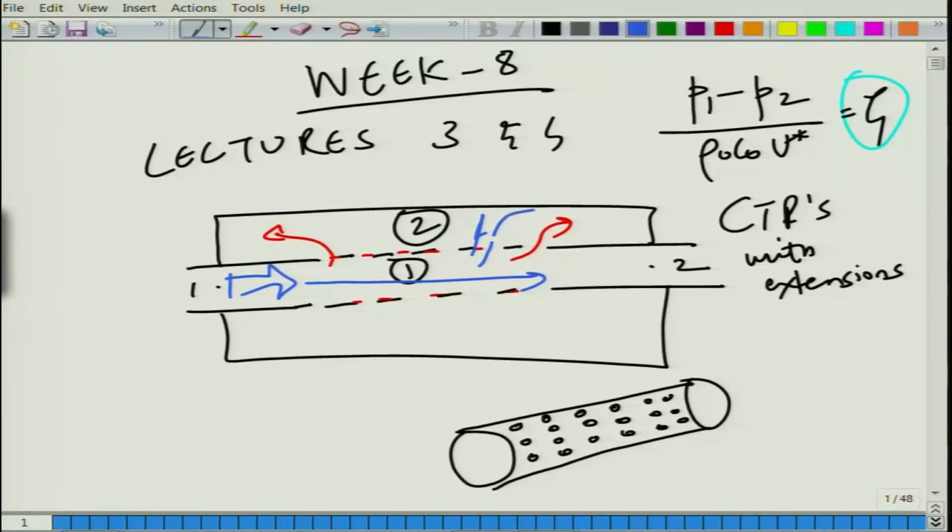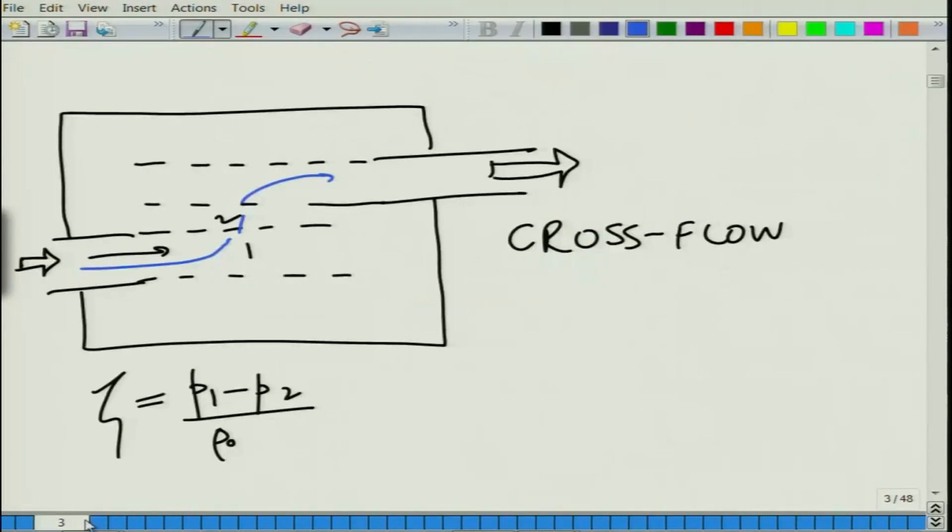The flow does not have to go through this, although there will be some non-zero flow, but we can ignore it for most practical purposes. The mean flow just goes like this, with no flow through the perforates, but in this case the flow has to go through, because otherwise how will it go outside through the outlet? This is your outlet pipe, this is your inlet pipe.